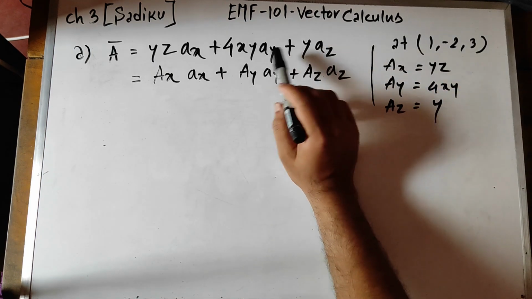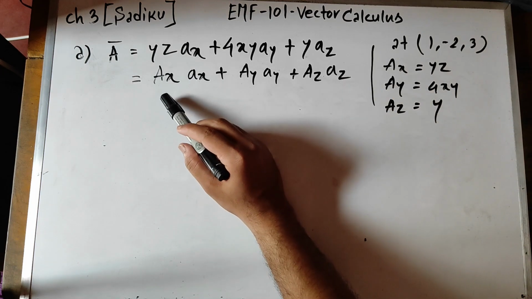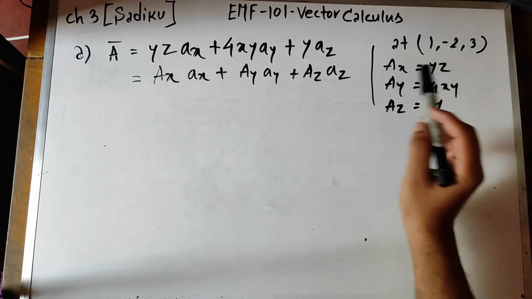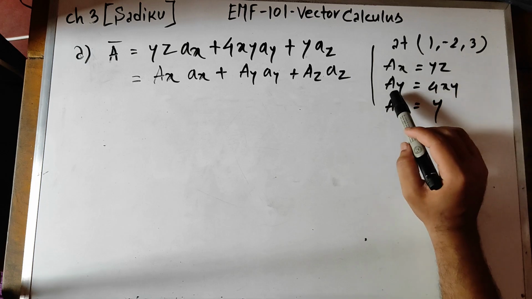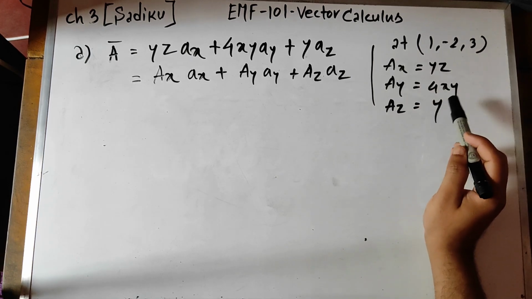So this is our first vector, and the corresponding components in the directions ax, ay, az are: ax is yz, ay is 4xy, and az is y.